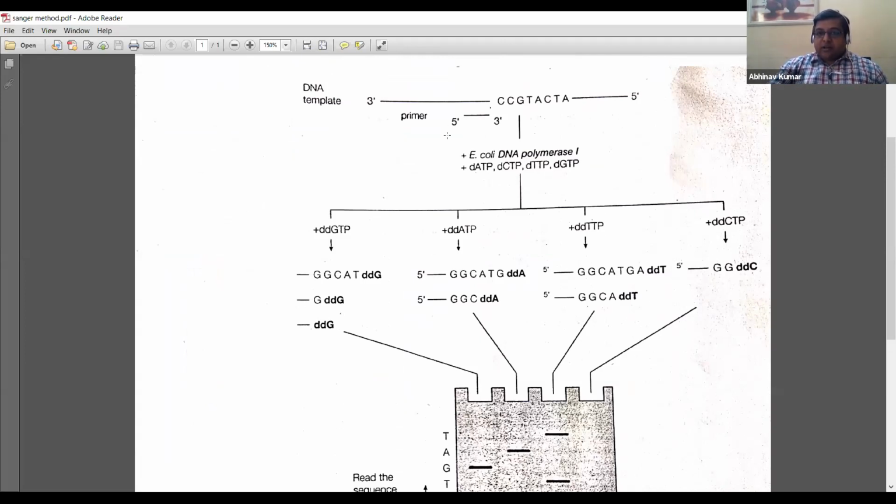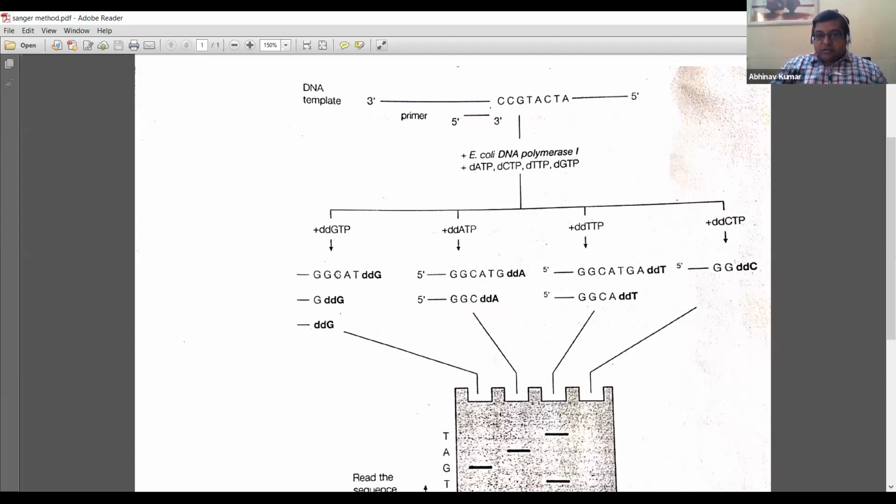This DNA template lies in the orientation of 3 prime to 5 prime. These ends are called primes, 3 prime to 5 prime. And the primer is added from the 3 prime end, with the help of this enzyme and oligos. And after these 4 tubes, these are all mixed. And in a single tube, these separate or different terminators are being added.